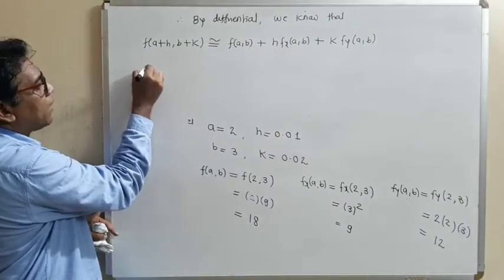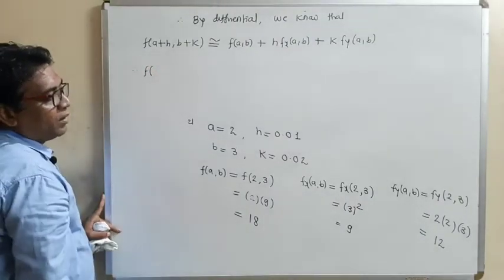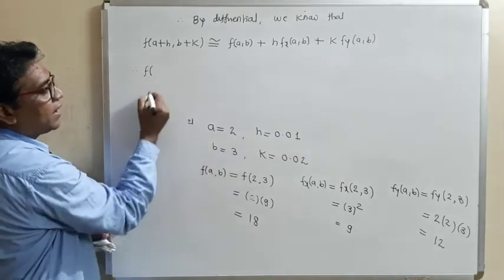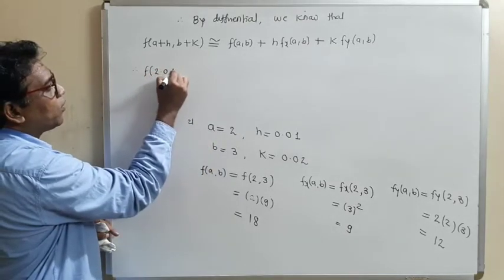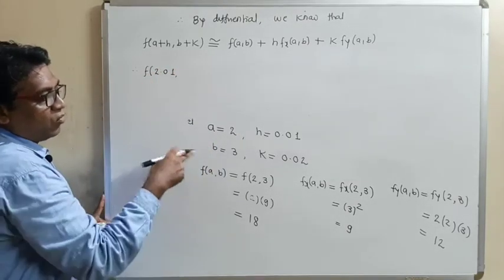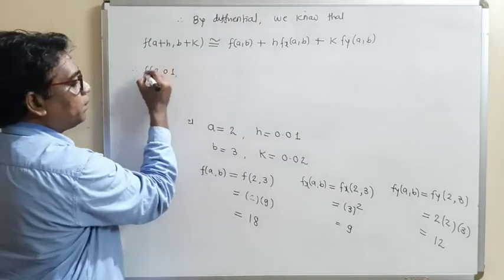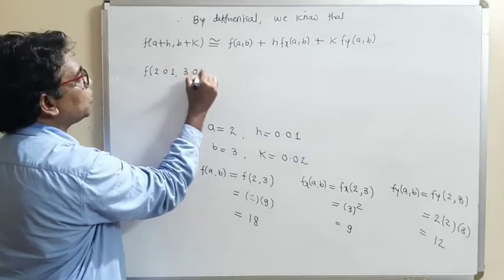So find this approximate value. Now what is a plus h? A plus h will be 2.01. What is b plus k? We have taken b plus k as 3.02.